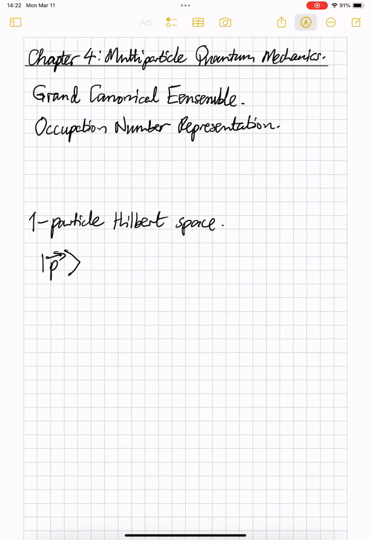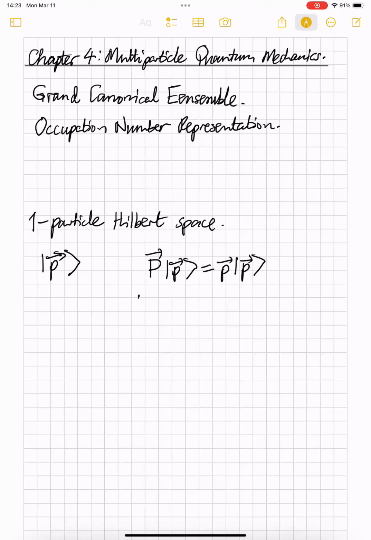An easy way to get hold of a complete basis is to choose some observable, some Hermitian operator. Here I've chosen it to be the momentum operator, and to find the eigenstates of that operator. These are precisely the kets |p⟩ that I've just introduced. If I act with the momentum operator on these kets, I'll just get the momentum eigenvalue times the ket. The complete set of eigenvectors of any Hermitian operator is a basis for our Hilbert space.